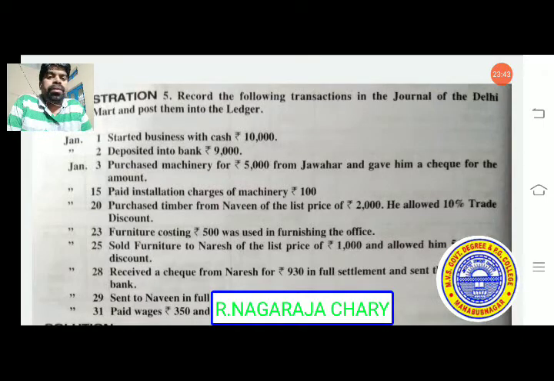Next, on third, purchased machinery for 5,000 from Jawahar and gave him a check for the amount. On 15th, paid installation charges of machinery 100 rupees. On 20th, purchased timber from Naveen of the list price 2000, he allowed 10% trade discount. On 23rd, furniture costing 500 rupees was used in furnishing the office.